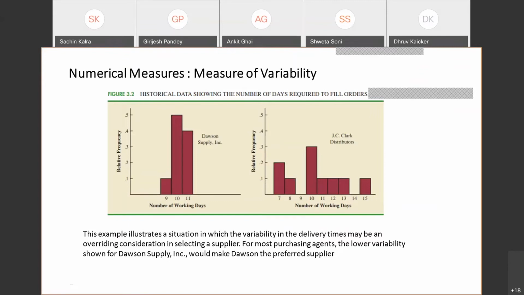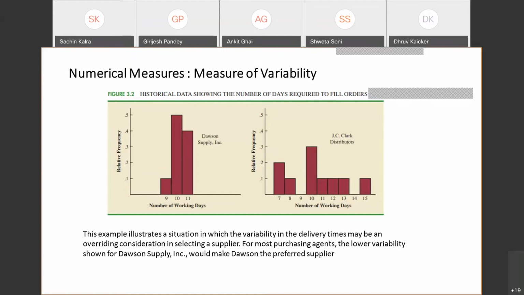This is a real life example: suppose you're delivering a dashboard to a client for supply chain analytics, and you check the histogram from one distributor and the histogram from the second distributor, and both have a mean number of days of 10, but we can recommend which one is better for your business.